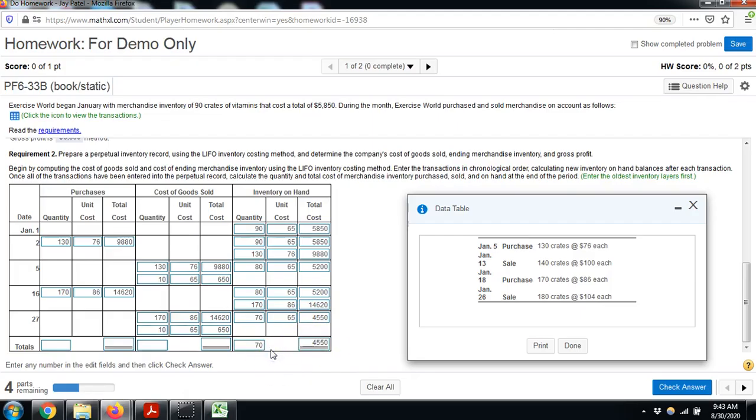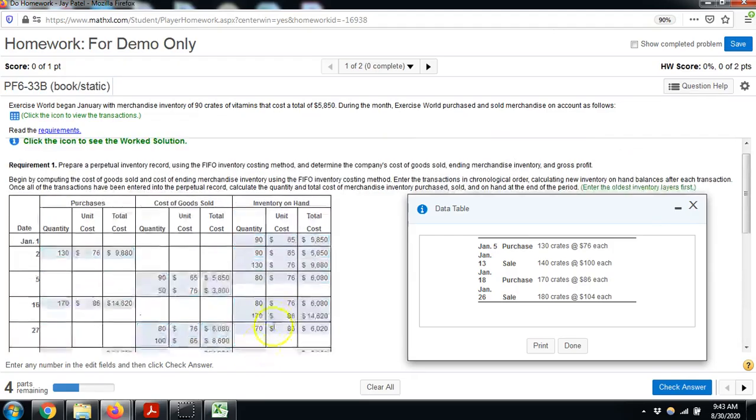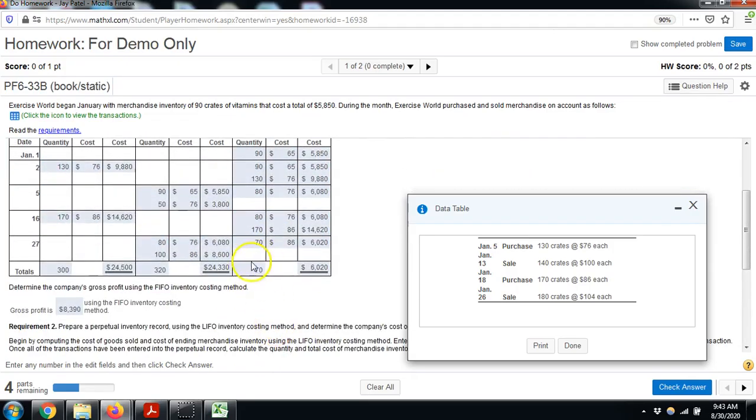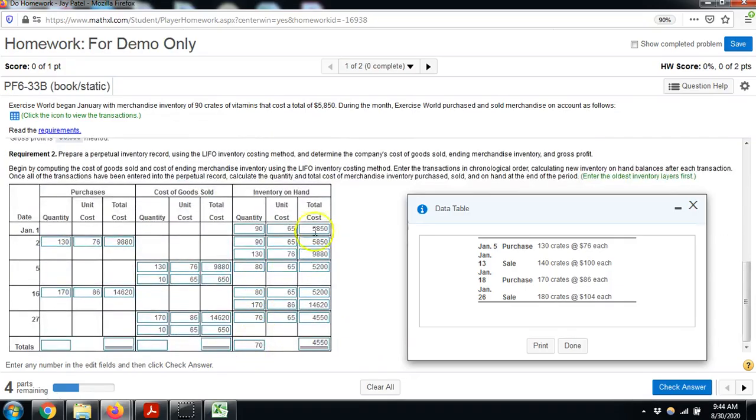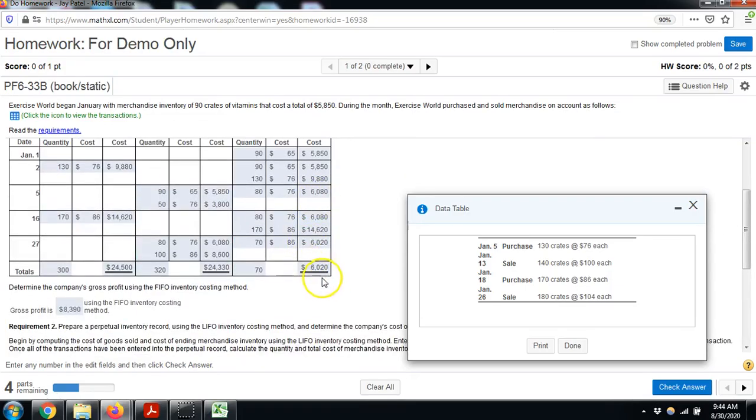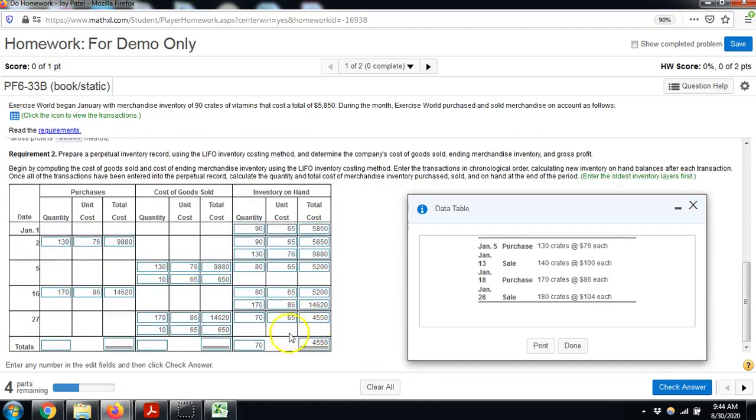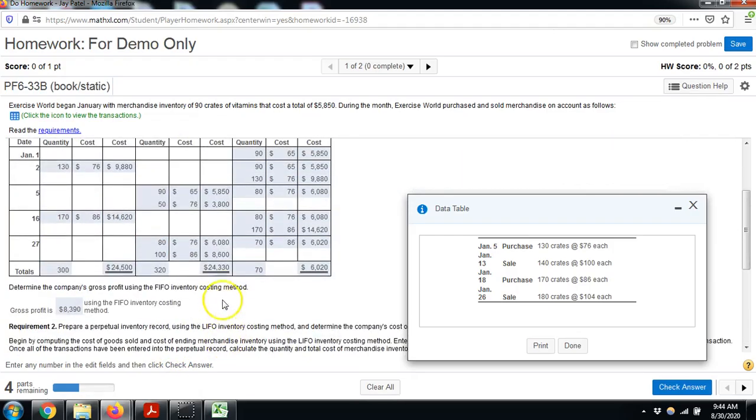Okay, so notice one thing. Our ending quantity is 70, because we've bought and sold the same number between these two methods. What is different though is the ending inventory value. So we have 70 units here, we have 70 units here, but our ending inventory balance here is higher than this. And we're going to see here that our cost of goods sold is higher than this.